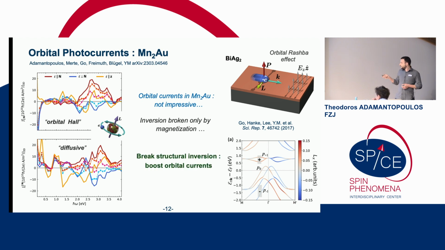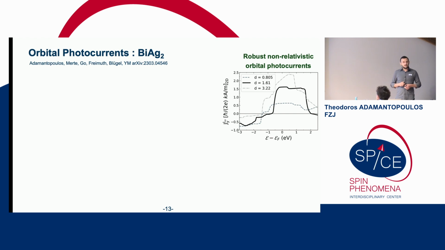In fact, by simply breaking the structural inversion symmetry, we are able to boost the orbital photocurrents, even from a non-relativistic scenario, where we calculate large, robust responses for a wide energy region where the bismuth p states are located, and which also scale with the value of the orbital Rashba constant.